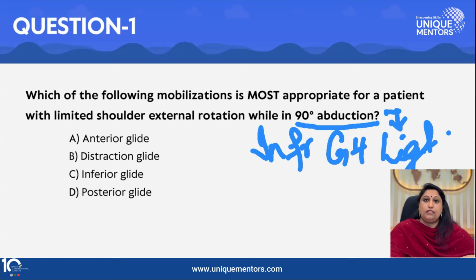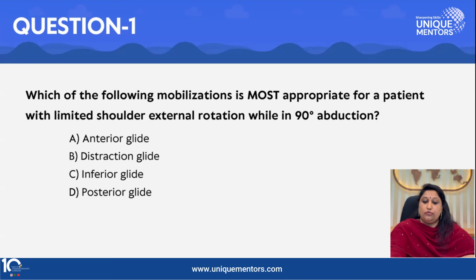It is the inferior glenohumeral ligament which gives the primary restriction for shoulder external rotation at 90-degree abduction. Okay, now this is the key point here. This will be discussed in our orthopedic sessions in our theory classes.